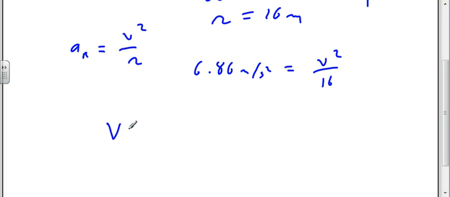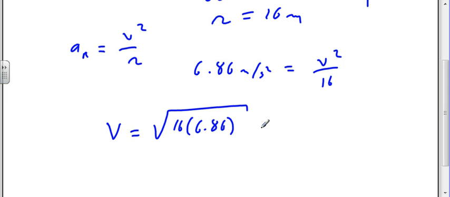So the speed I'm going to want is the square root of 16 times 6.86, which is 10.5 meters per second.